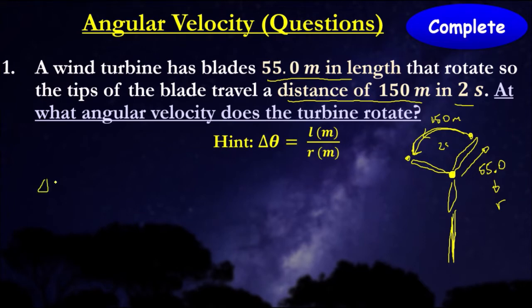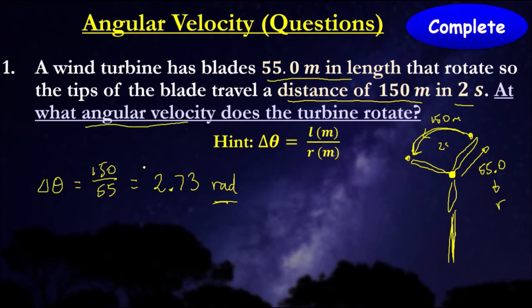So delta theta is equal to 150 over 55, which gives us a value of 2.73 rads, or rad, for radians. The question wants us to find the angular velocity, so omega equals delta theta divided by time.